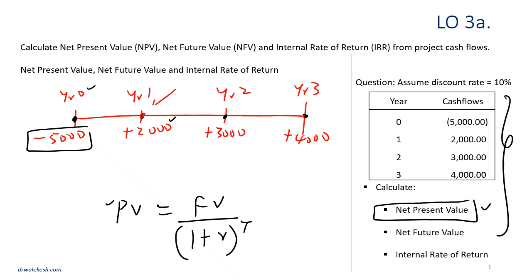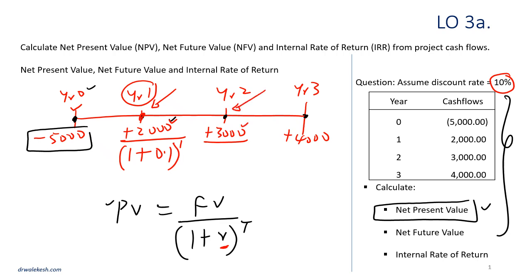2,000 is future value. If you are comparing that to today, so discounting this future value back to today, it will be 2,000 divided by 1 plus the discount rate. The discount rate, the interest rate is 0.1. Since we are dealing with end of year 1, it will be raised to power 1. 3,000 is end of year 2.